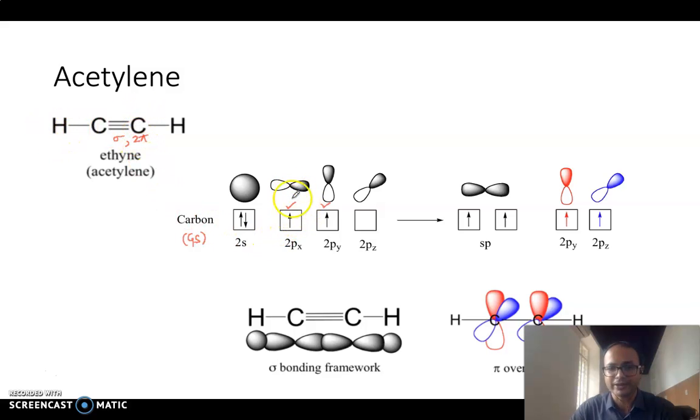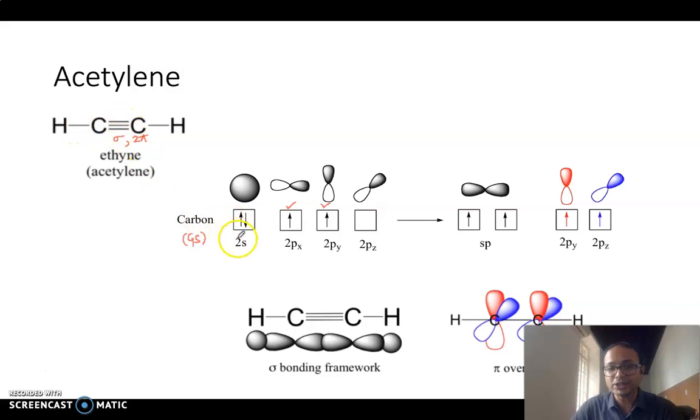But this is 2px and 2py, and they are directed at 90 degrees to each other. So if we use pure 2px and 2py orbitals to form the bonds, the bond angle between these two bonds should be 90 degrees. That is not the case. We know that these two bonds across this carbon are linear.